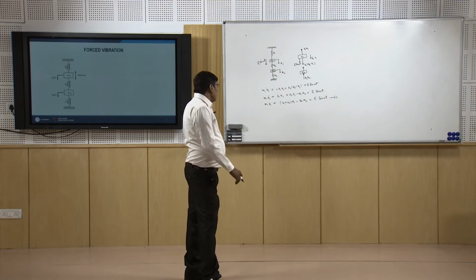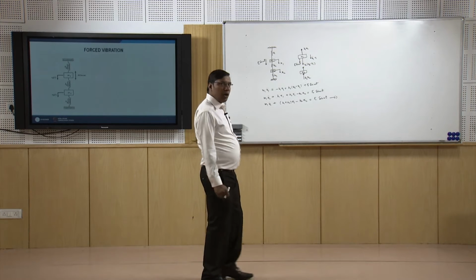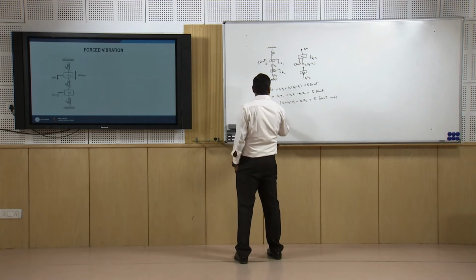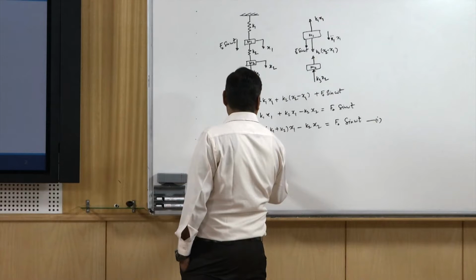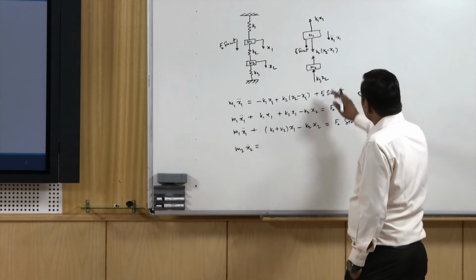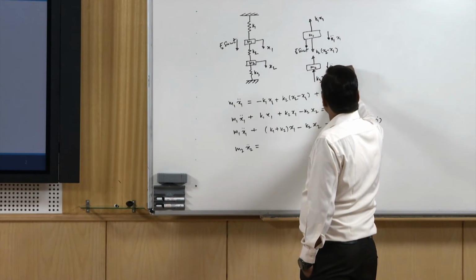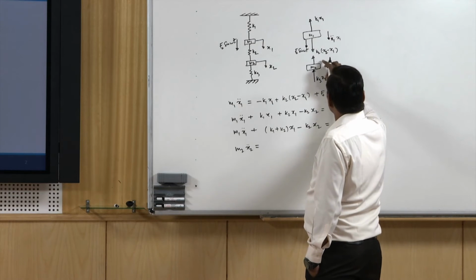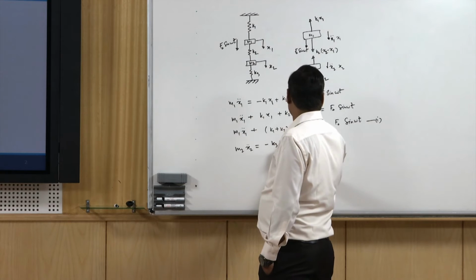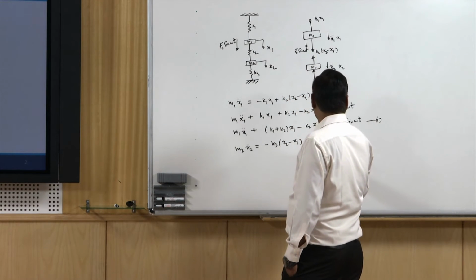Now we have to write the equation of motion for the second mass. So we write m2 x2 double dot equals, with x2 double dot in this direction, minus k2 (x2 minus x1) minus k3 x2.